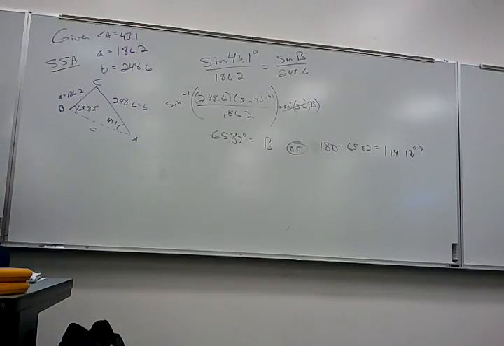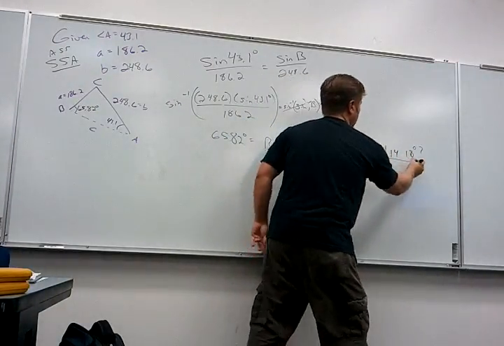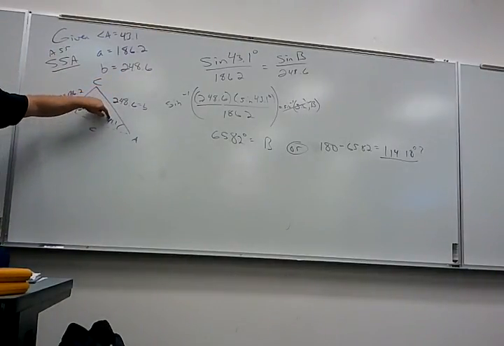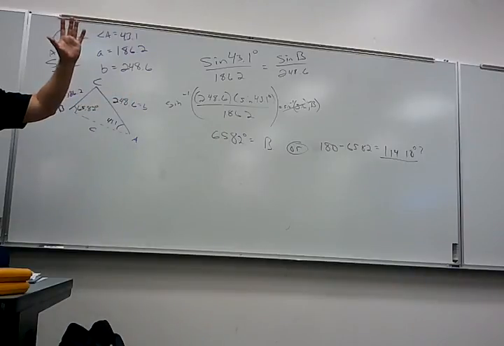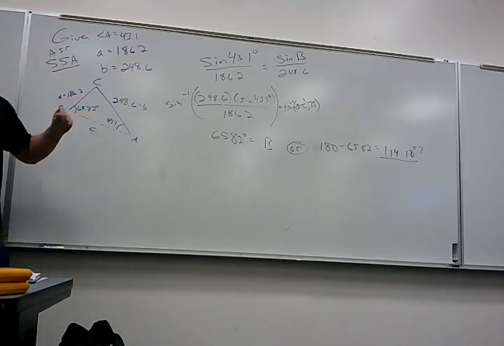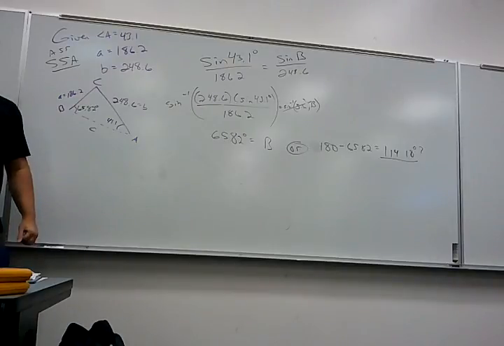It's kind of nice to remember that's the one situation that could put a kink in things. That's where I gotta be careful and check. Does this angle work with the other known angle? If this known angle was 95 degrees, they wouldn't work together because that's more than 180, and then I know there's no second case. But that does work with this, so there's probably a second case.